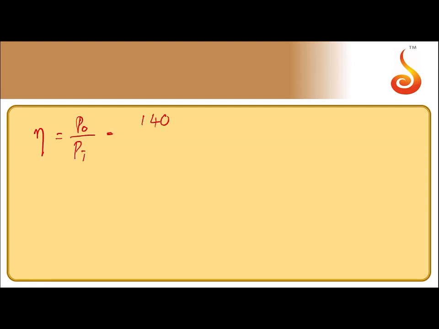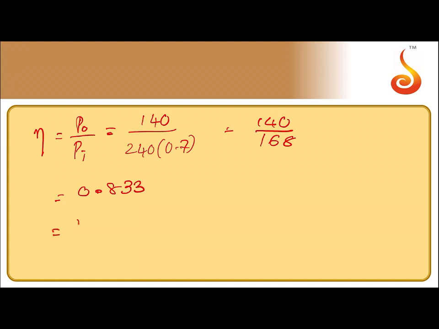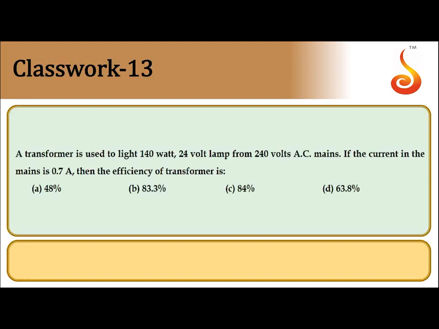Output power is 140 and input power is 240 into 0.7. 240 is the voltage and the current is 0.7. So power is VI. So this gives me 140 divided by 168, or this is 0.833, or this turns out to be 83.3%. B is the correct choice.